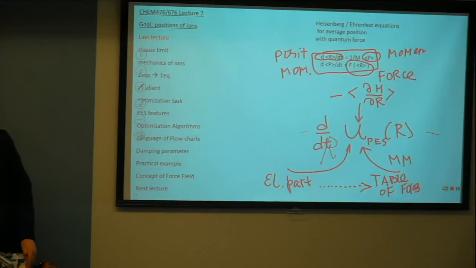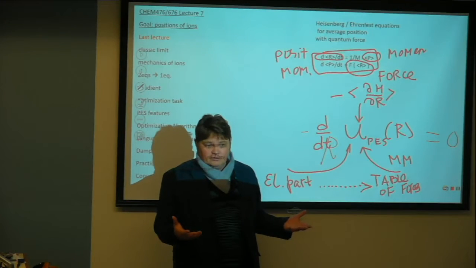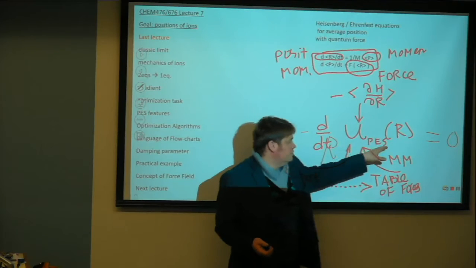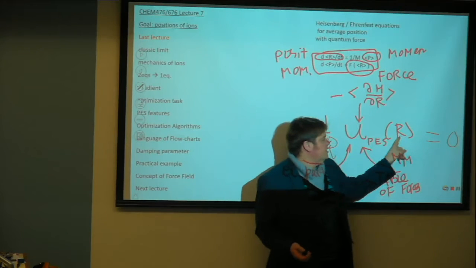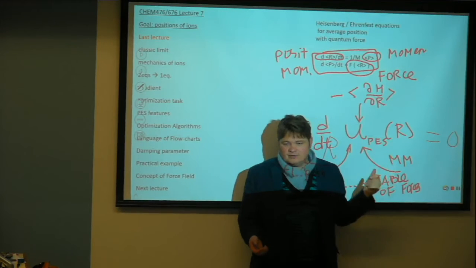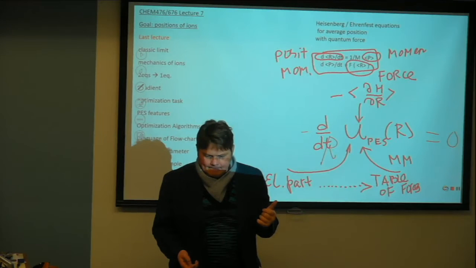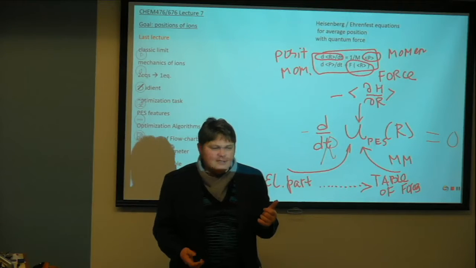If you would do an analytical solution, we can solve. So if you have an equation for the potential energy surface, we can solve this equation and find at which values of the interatomic distance this equation will be satisfied. But the potential energy surface and the forces will be numerical data in tables.